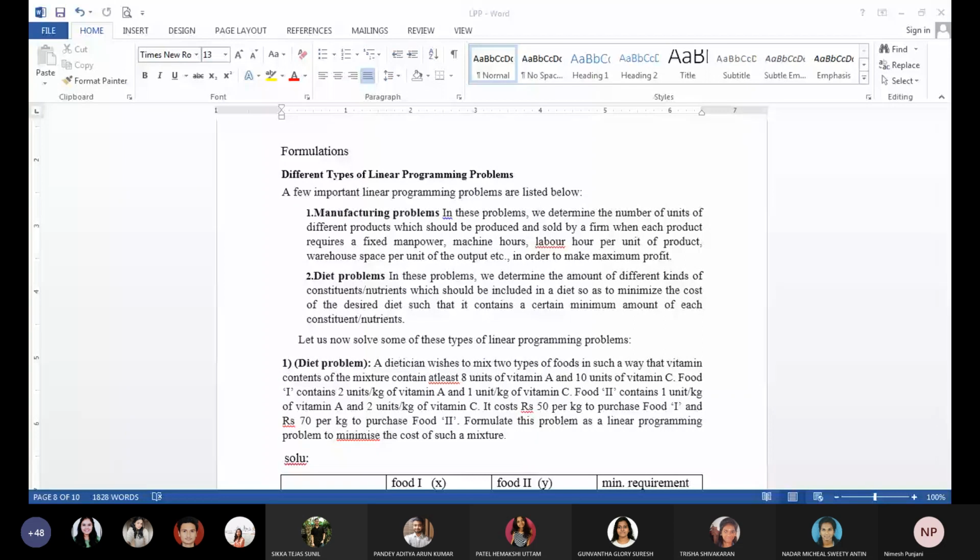Formulate this problem. This is the important one. Formulate this problem as a linear programming problem to minimize the cost of such a mixture.